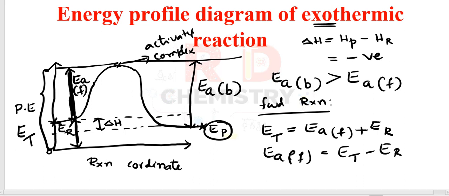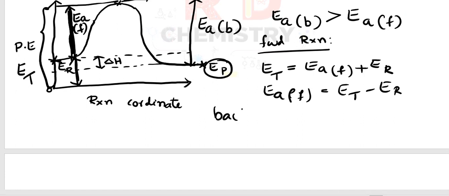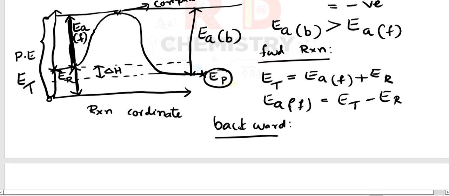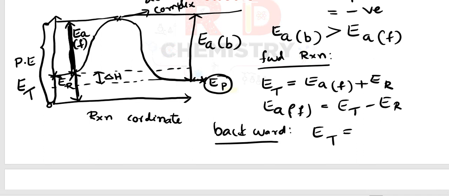Okay. If I do the same thing for the backward reaction involving the energy of activation for the backward reaction. So we go for the backward reaction. See carefully, the entire length, the threshold energy, I will connect to the energy of activation of the backward reaction.